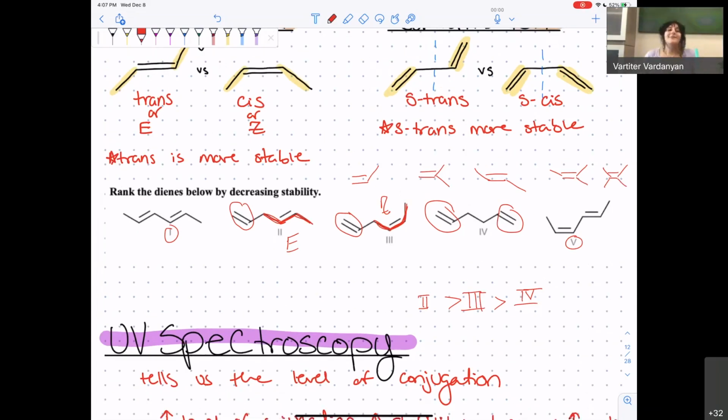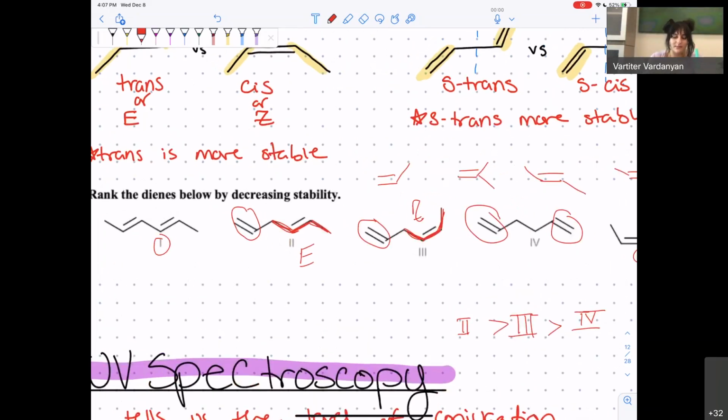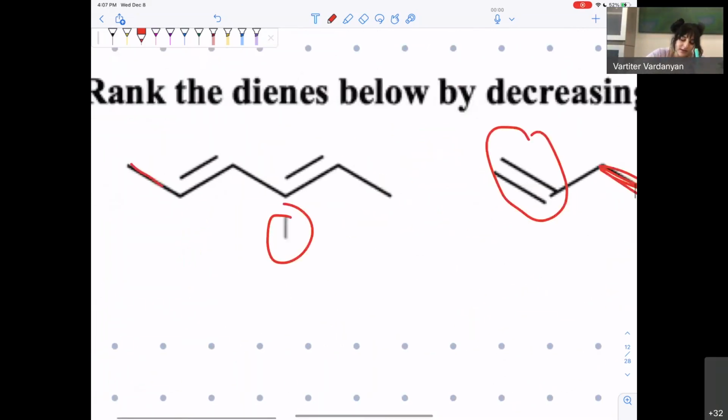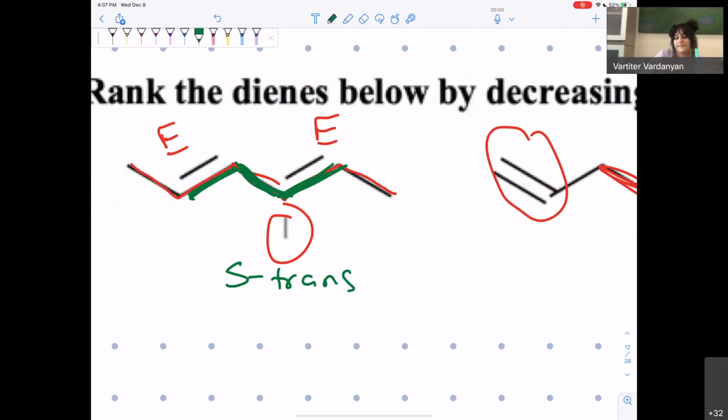So 1 and 2 are going to be the 2 most stable ones. We just want to know which one's first place and which one is second place. Number 1 has E, and in the middle, this guy is S trans.